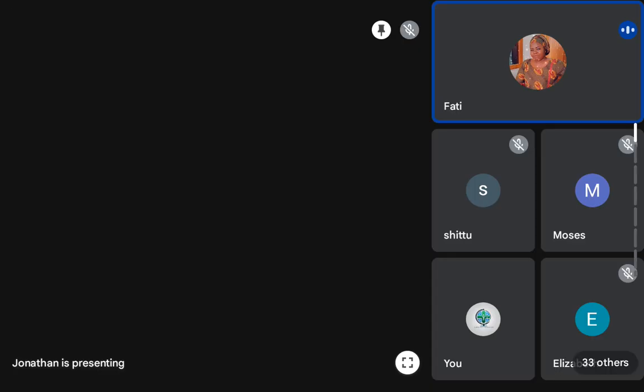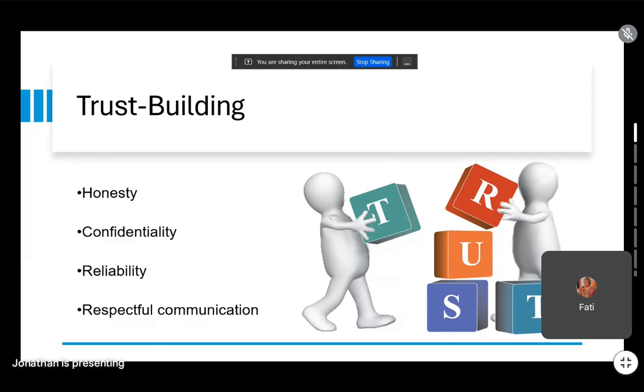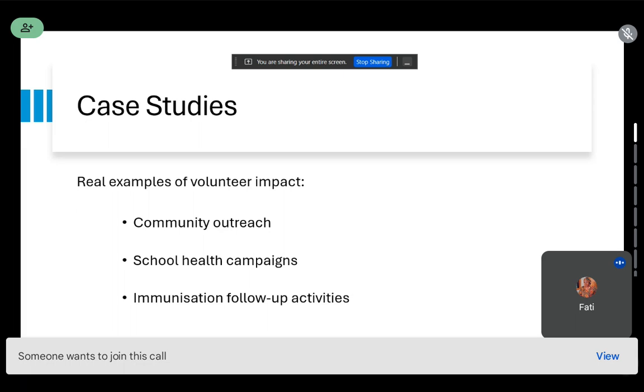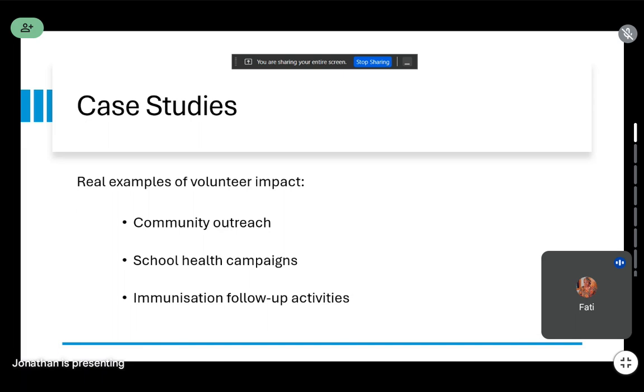In a rural community clinic, volunteers supported a hypertension program. Over 2 days, they reached more than 300 community members, leading to early detection, thousands of community health outreach.